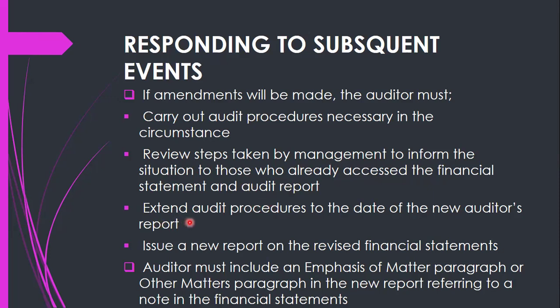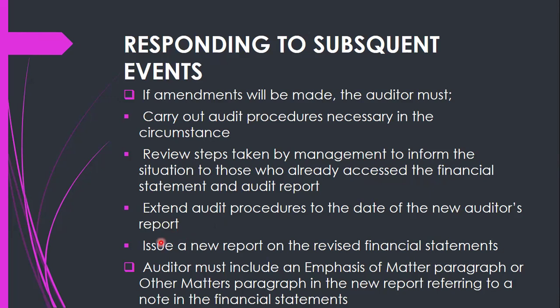Then the auditor needs to extend procedures to the date of the new auditor's report. So until the date when the new audit report is released, the auditor needs to make sure it's carrying out the necessary procedures to obtain sufficient appropriate evidence.